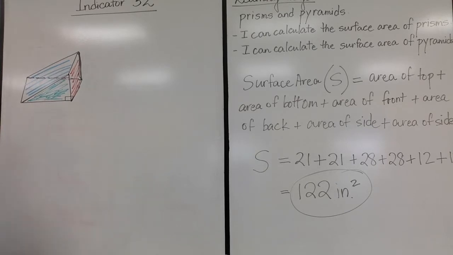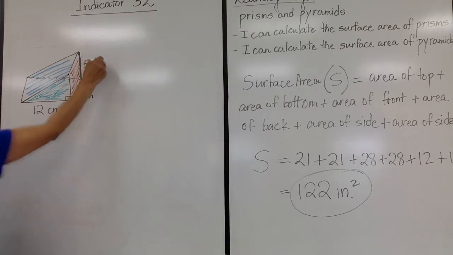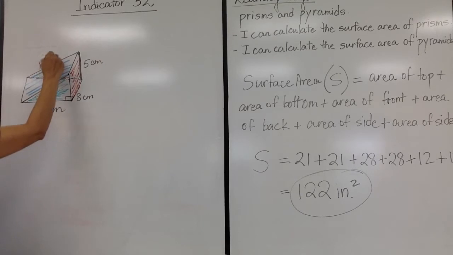Now, when you have this given to you, let's put some values so we can calculate. Let's say this is 12 centimeters and this is 8 centimeters. This is 5 centimeters and let's say this is 13 centimeters.